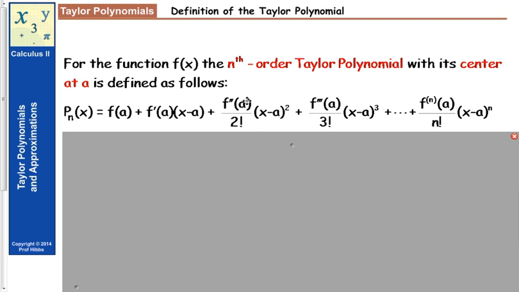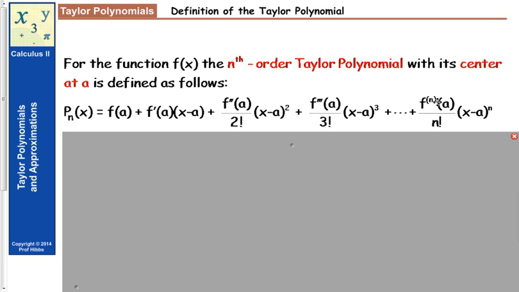So notice what's going on here. Second derivative divided by 2 factorial, binomial squared. If you look at the next term, third derivative divided by 3 factorial, the binomial cubed. And we'll do this all the way until we get to n. So if n is 7, then we have a p sub 7, and out here we would have the nth derivative.